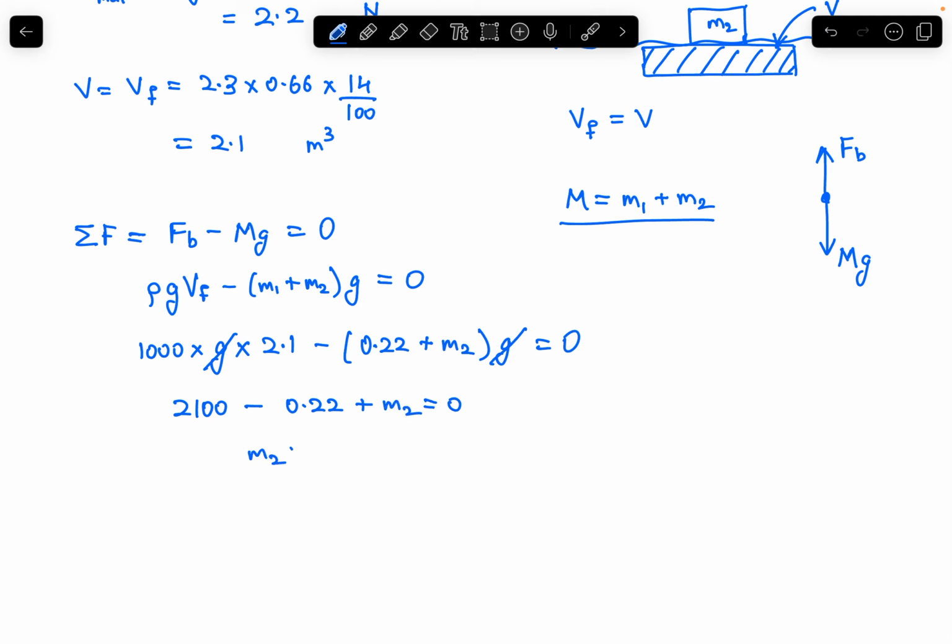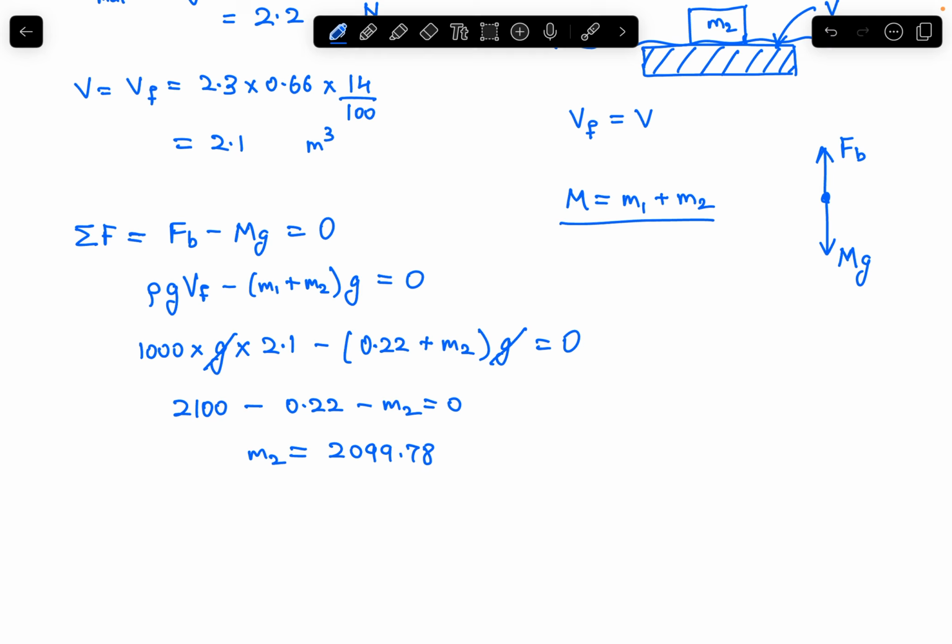Solving for M2, I get, that's bad, this becomes negative. Solving for M2, I should get 2099.78.